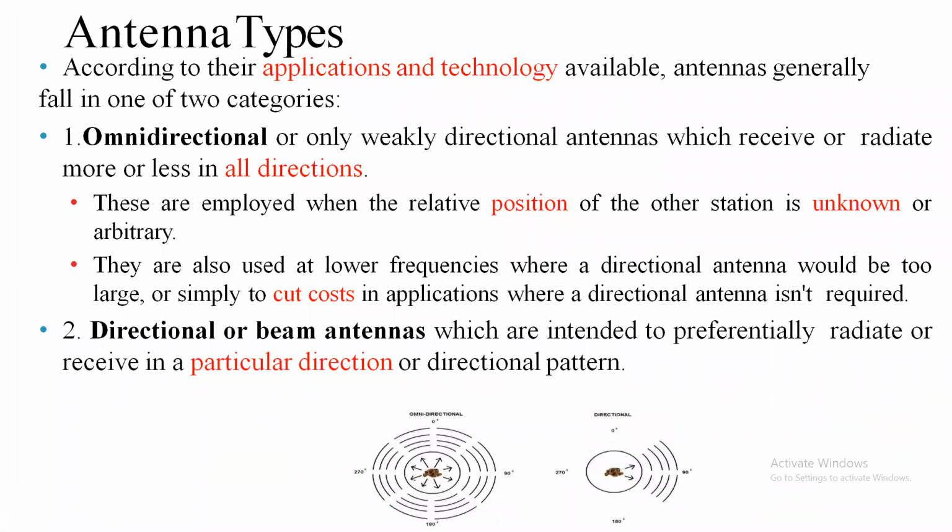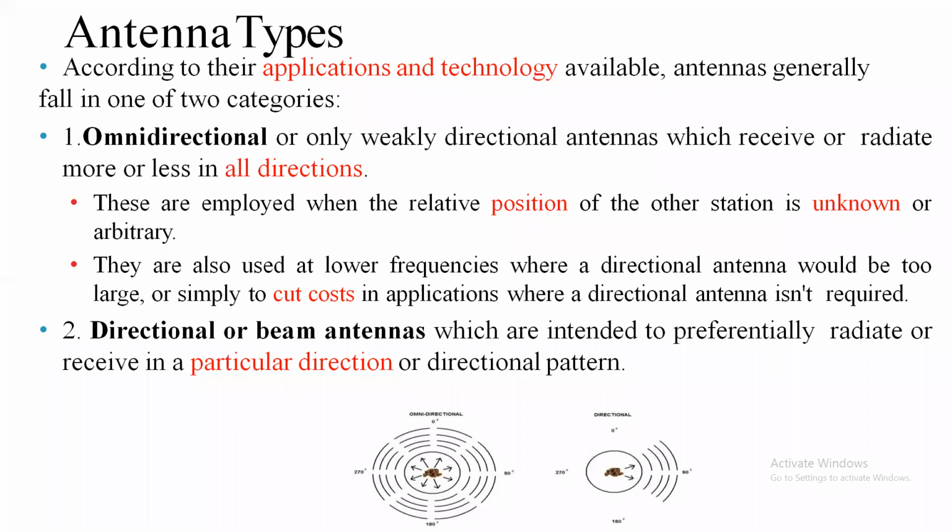And the other one is the types of antennas. There are the basic types of antennas. Generally, antennas are classified into two categories: omnidirectional antennas or directional or beam antennas. Omnidirectional or weakly directional are the same.